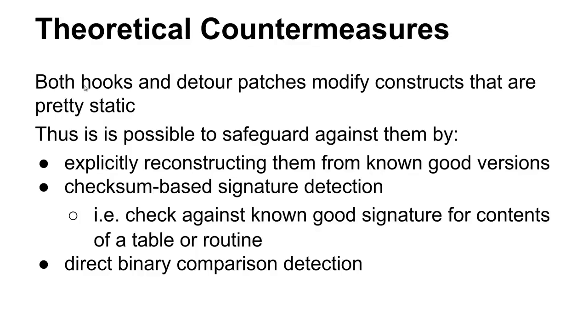So in theory, it may be possible to safeguard kernels against those techniques by explicitly reconstructing them from known good versions, doing checksum based detection, and direct binary comparison detection if that can be done. It depends on the kernel boot process, how the memory space is constructed, and whether or not there's any kernel ASLR going on.